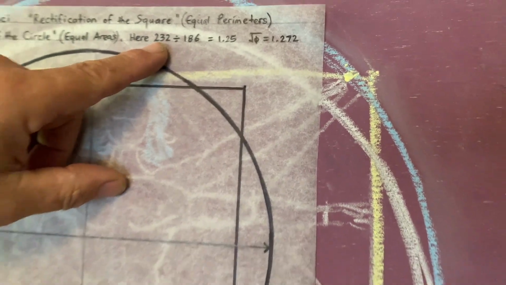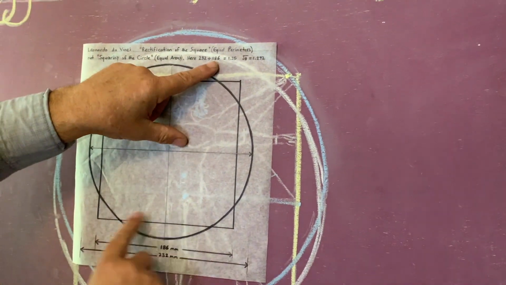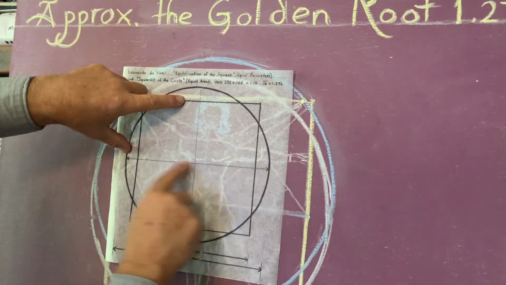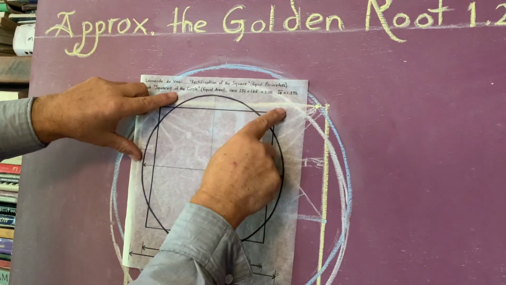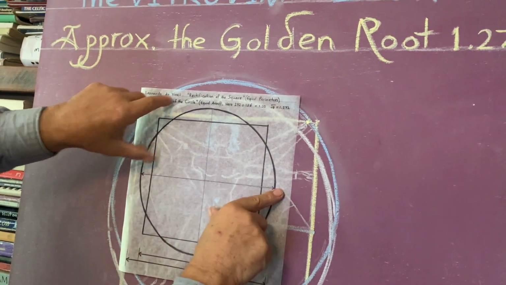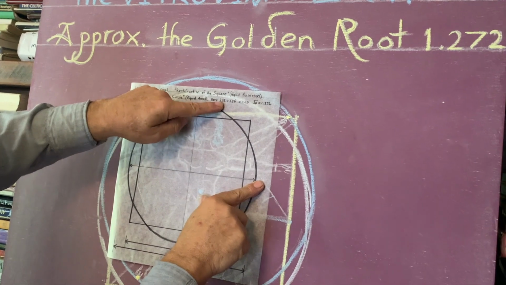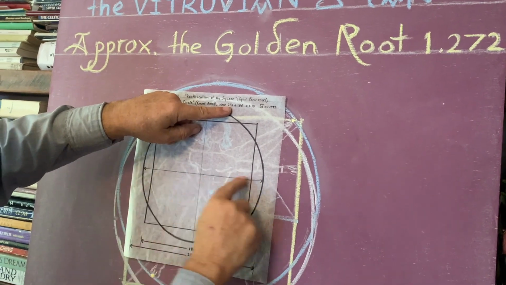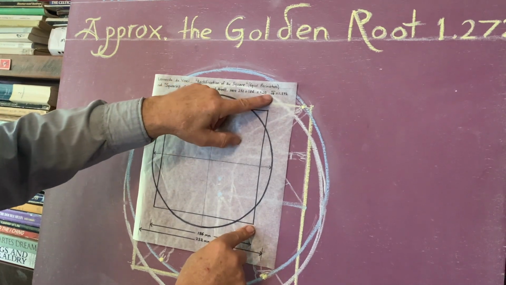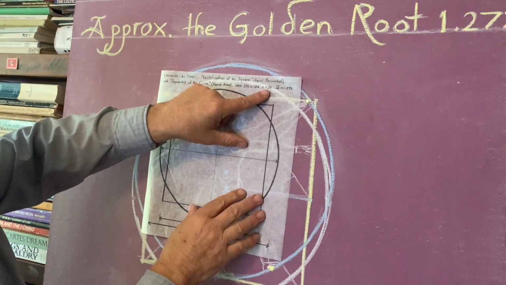Oh no, the length of the square is 186 millimeters, and the diameter that rectifies the square, these are equal perimeters. The square is equal to the circle. So that long diameter is 232. So I'm going to divide 232 by this edge length of 186, and I get 1.25.